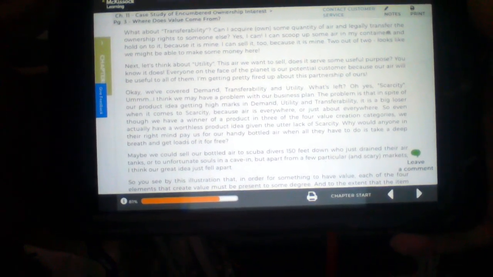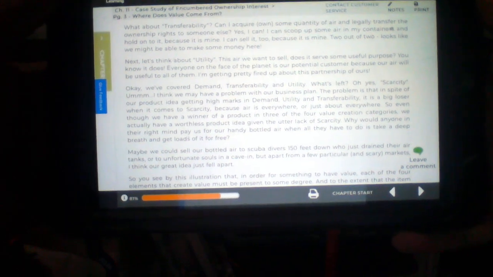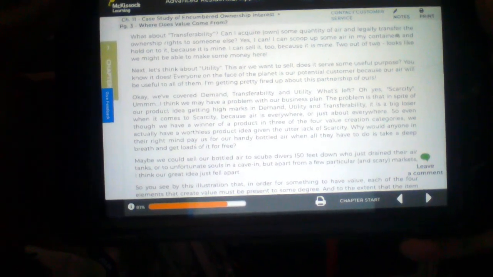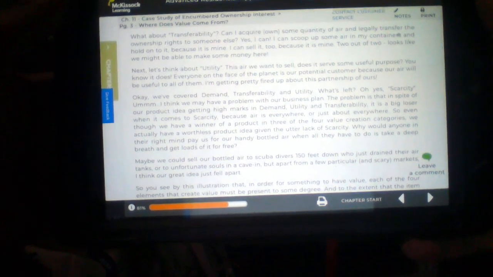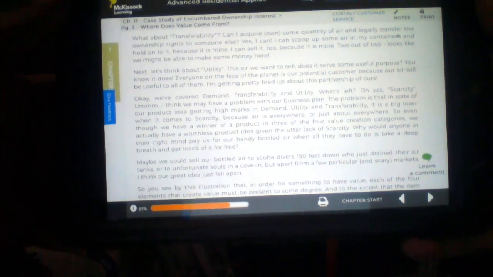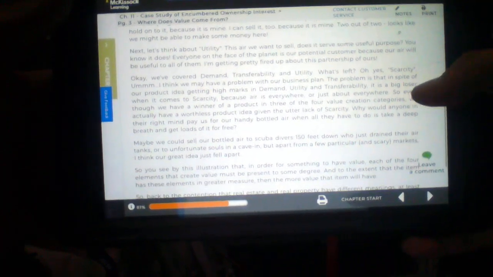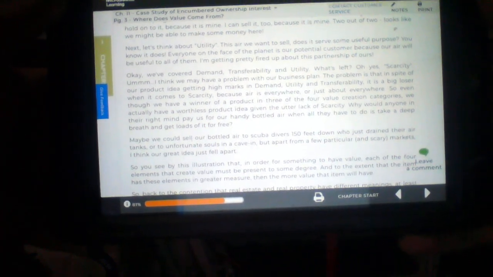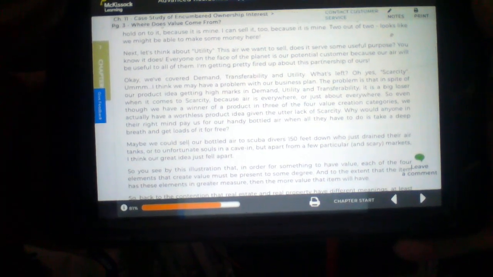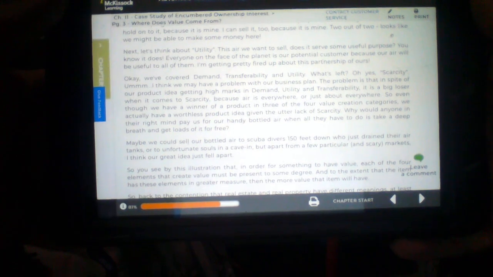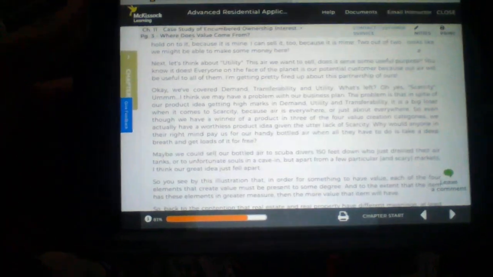Can I acquire, own some quantity of air and legally transfer the ownership rights to someone else? Yes, I can. I can scoop up some air in my containers and hold on to it because it's mine. I can sell it too because it is mine. 2 out of 2. Looks like we might be able to make some money here.